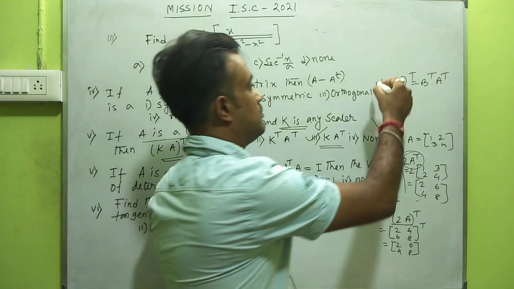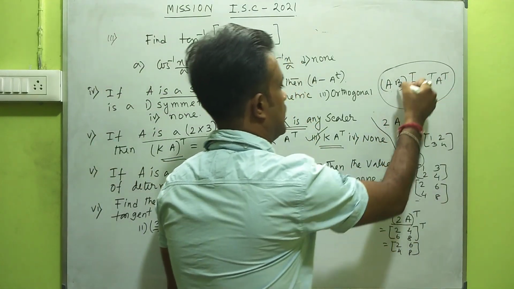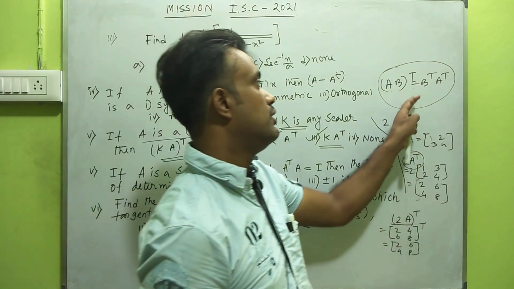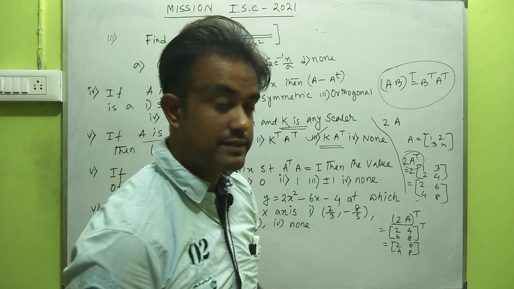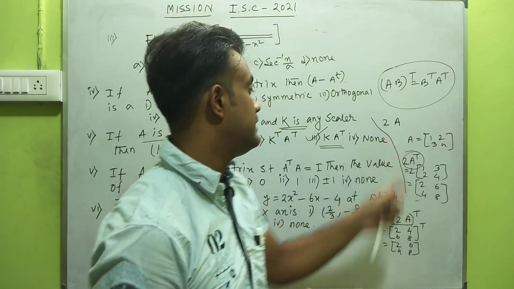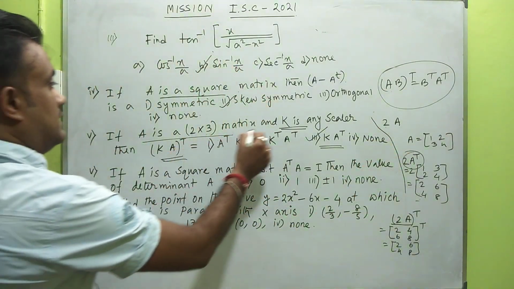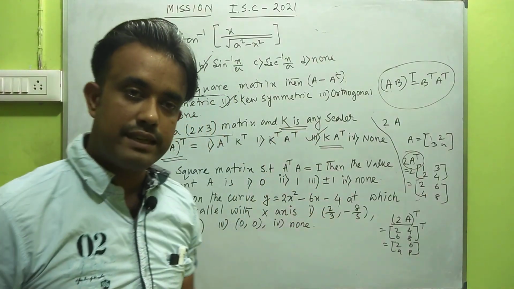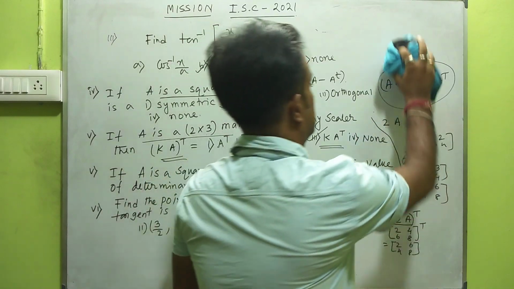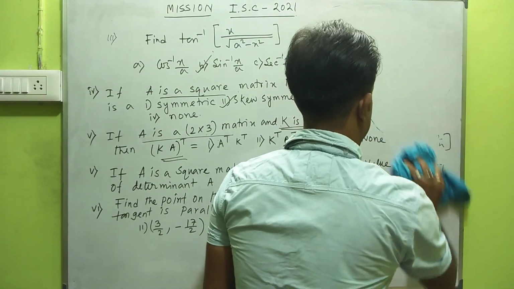So you must remember this formula, AB transpose is equal to B transpose A transpose, when A and B are matrices, and here it is given that K is any scalar. It is a very tricky sum, you must not make any mistake.